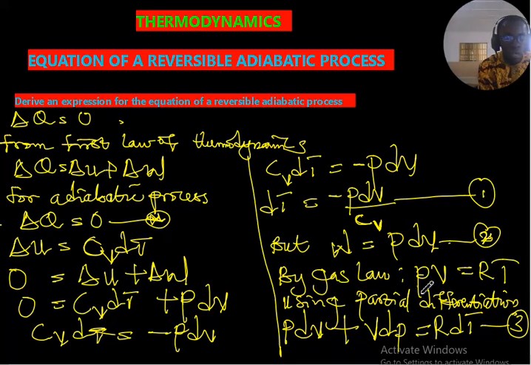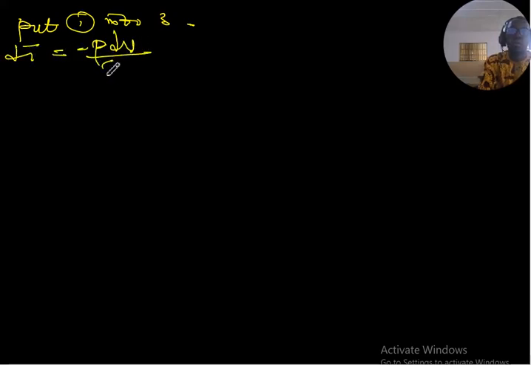Now all I need to do is to put the value of equation 1, which is this dT, into equation 3. Anywhere I see dT in equation 3, I'll put minus P dV over Cv. And what is equation 1? dT equals minus P dV over Cv.